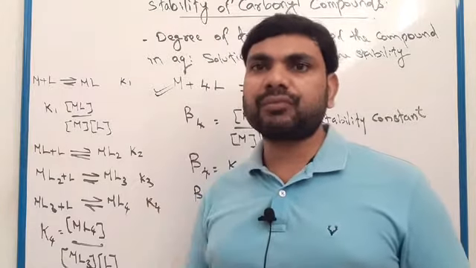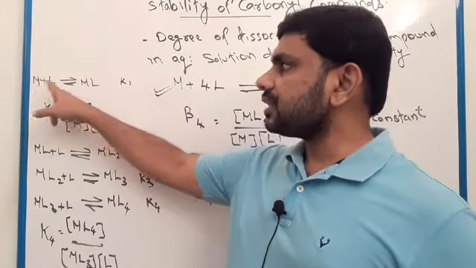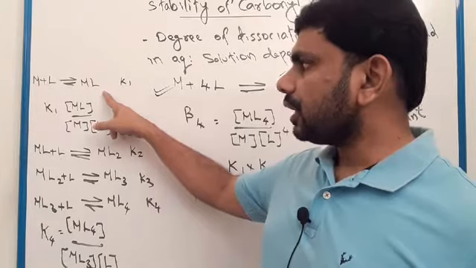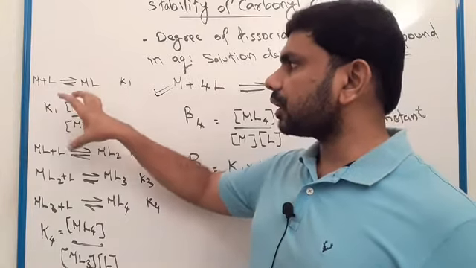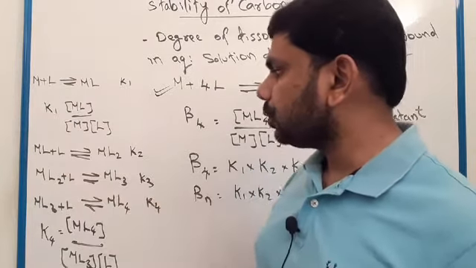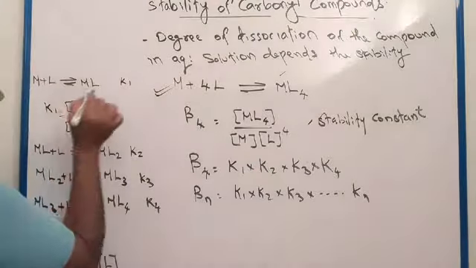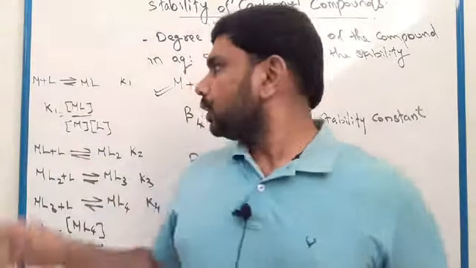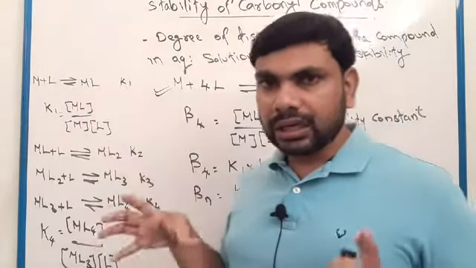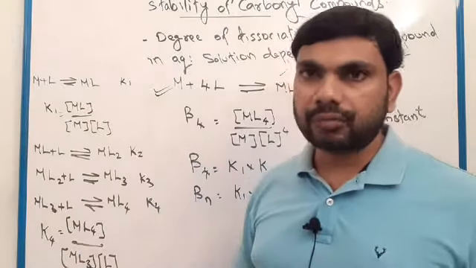in 4 different steps. In the first step, the central metal atom attaches with 1 ligand and forms ML. Here this is an equilibrium, so we can write its equilibrium constant K1. K1 equals the concentration of ML. We know in equilibrium we write the concentration of product divided by the concentration of reactant.